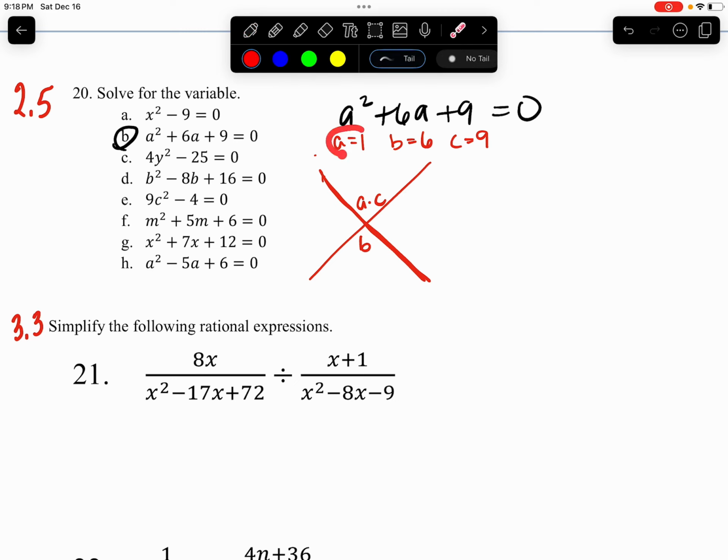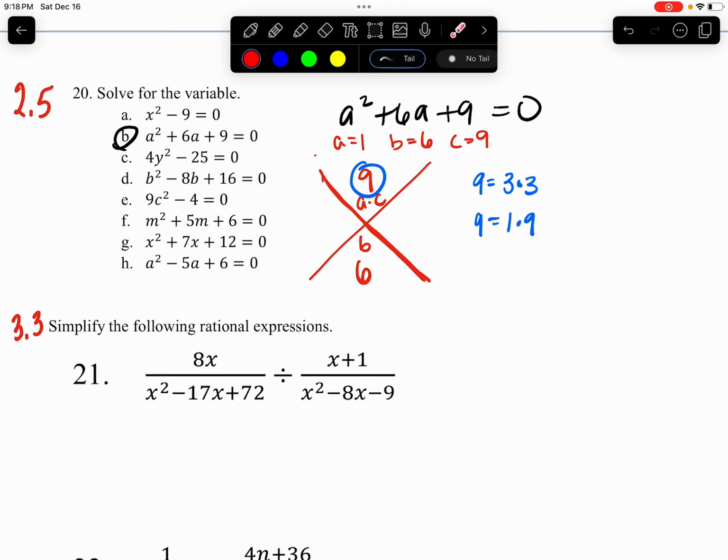1 times 9 is 9. And b goes down here, 6. So let's list out everything that multiplies to 9. So that is 9 equals 3 times 3, 9 equals 1 times 9.